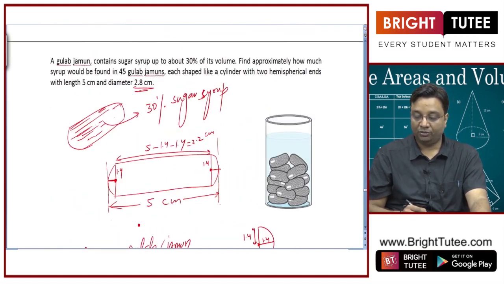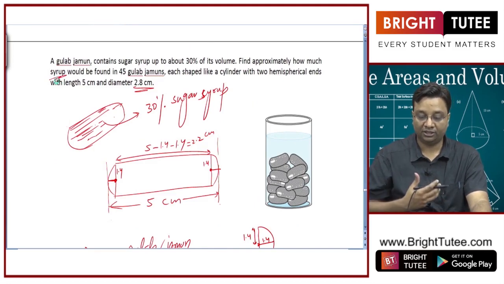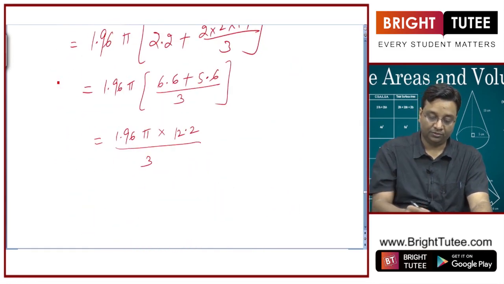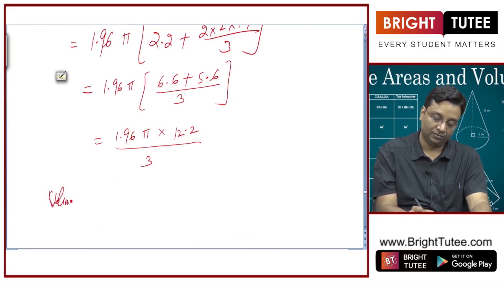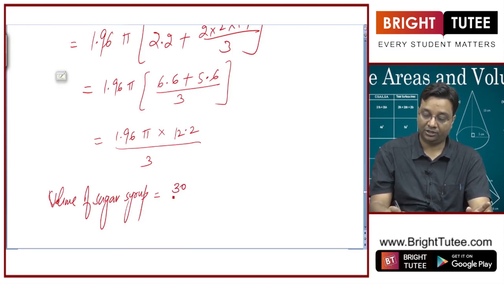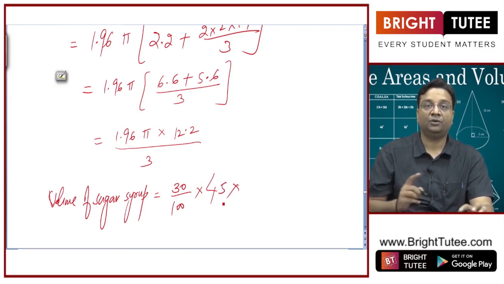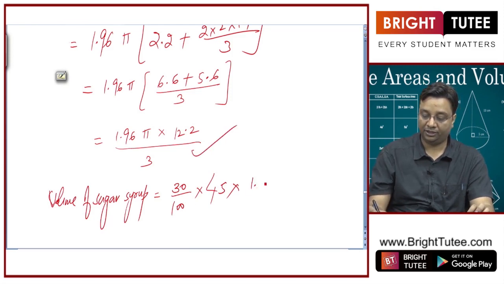So now I need the volume of sugar syrup. How much sugar syrup will be found there? So volume of sugar syrup in 45 gulab jamuns, it is 30%. So 30 by 100, and we need to talk about 45 gulab jamuns, so into 45 into volume of one gulab jamun, which is this 1.96 into pi into 12.2 divided by 3.